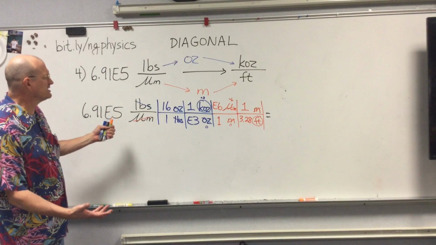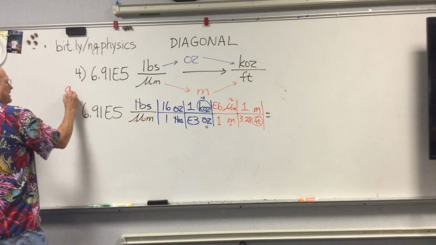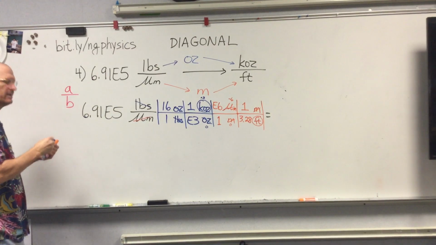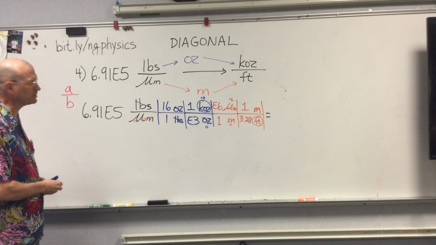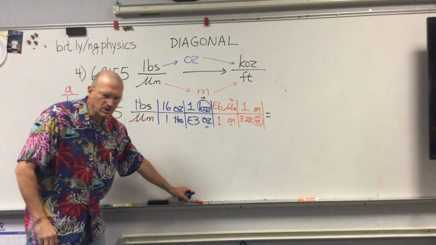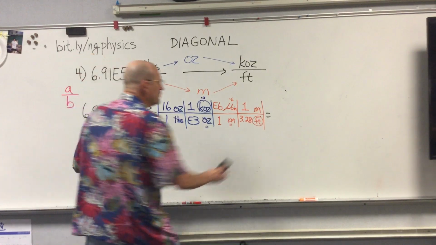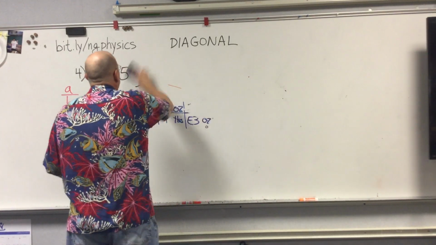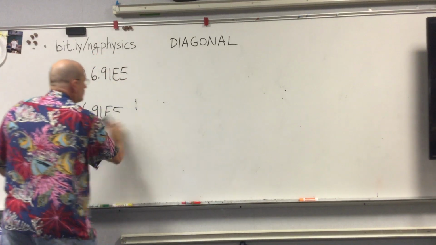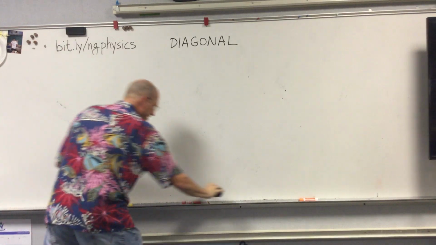Okay, so this is an example of that A over B kind of derived unit structure. So hopefully this will help you with a few of the problems on the worksheet. Okay, we'll do one more, and then we'll just kind of have you practice some today.